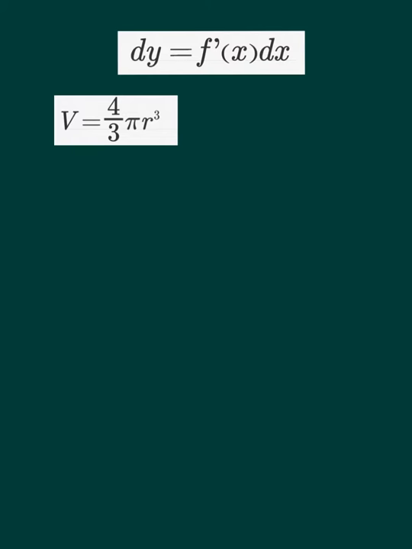A differential is the difference between a volume when some of the size changes a little bit. So the volume of a sphere, assuming that an orange is a sphere, will be 4/3 of pi times radius cubed.